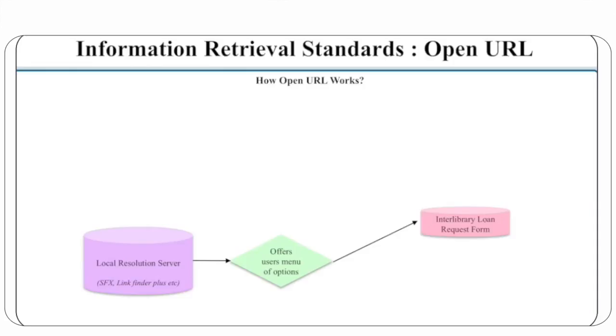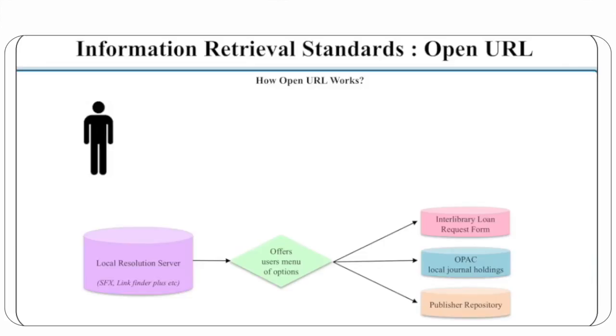The information provider or publisher must also be OpenURL enabled to redirect the linking request to the local resolution server. A link resolver or link server parses the elements of OpenURL and provides links to appropriate services as identified by a library.